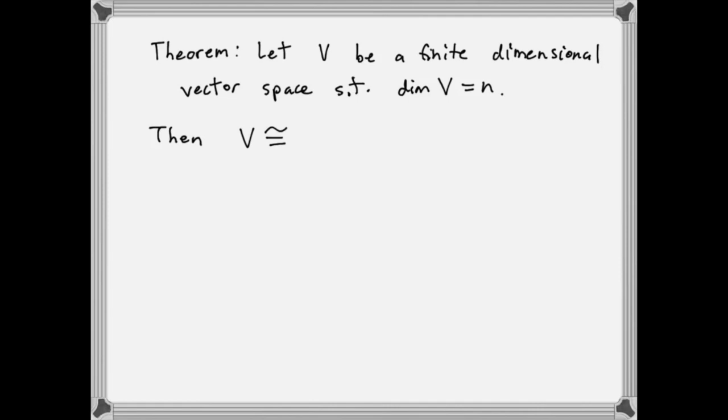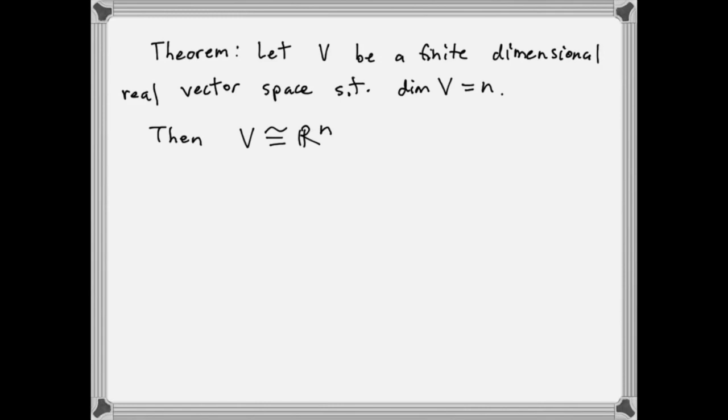Then V is isomorphic to Rn. I guess I should say that this has to be a real vector space. Okay, in other words, the scalars are coming from the reals.